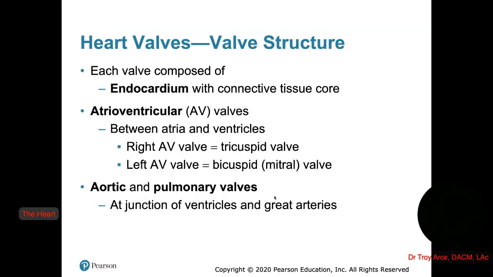Here are your heart valves. Your valve structure: each valve is composed of the endocardium with a connective tissue core, and the atrioventricular valves are between the atria and the ventricles. So that's your AV valves, right? Your right AV valve is your tricuspid valve. Your left AV valve is your bicuspid mitral valve.